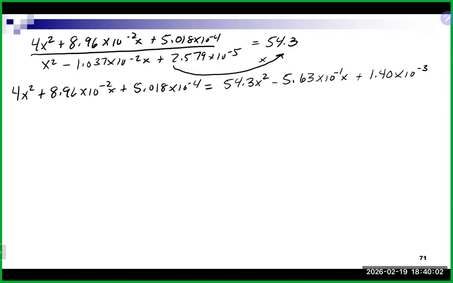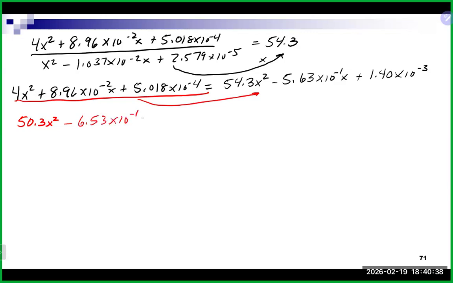All right, almost there. Going to combine. Again, I'm going to take everybody on the left-hand side and move it to the other side just to keep my x squared positive. It doesn't really matter, but that's just the way I'm going to do it. And when I do that, finally, 54.3 minus 4 gives us 50.3x squared. We'll take our x value on the left-hand side and subtract it from our x value on the right-hand side, and that is going to yield us a minus 6.53 times 10 to the minus 1.